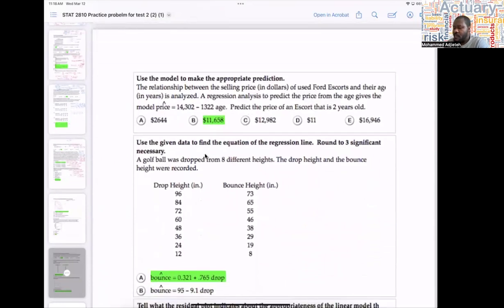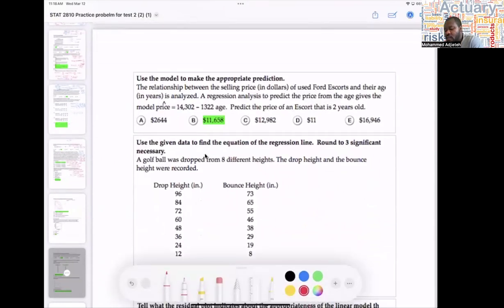Okay. Here we are told to use the model to make the appropriate prediction. The relationship between selling price in dollars of used Ford Escorts and their age in years is analyzed, and we have been given this. We should predict the price of an Escort that is 2 years old.